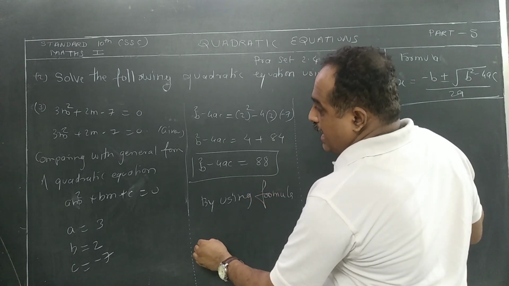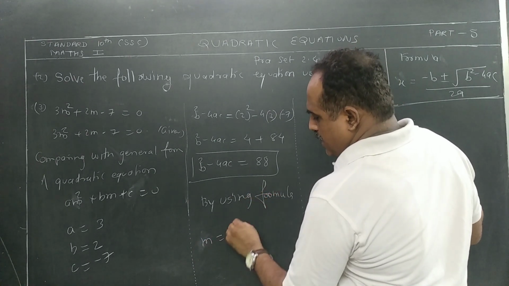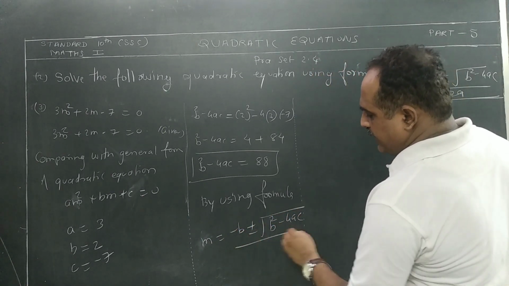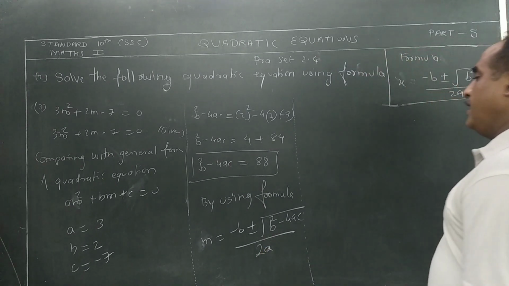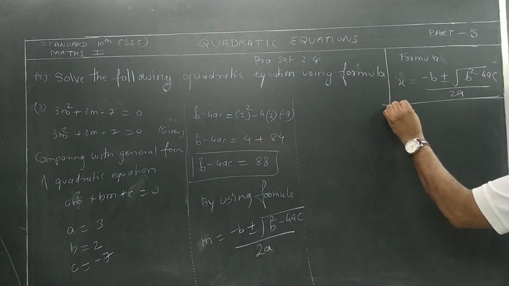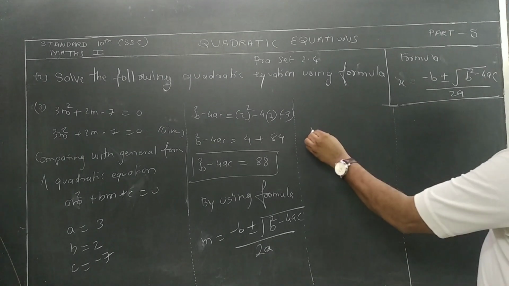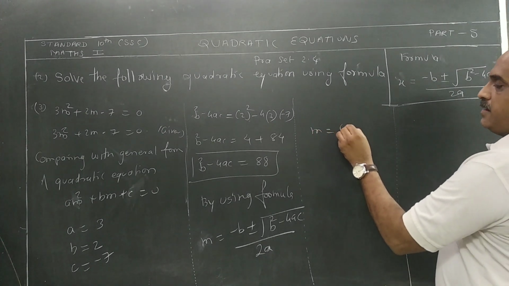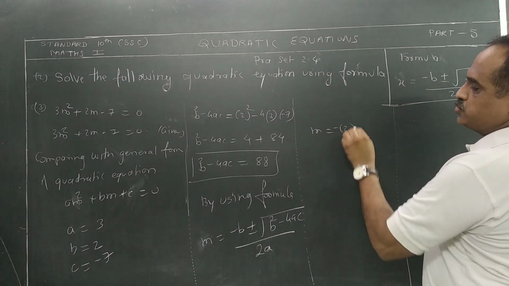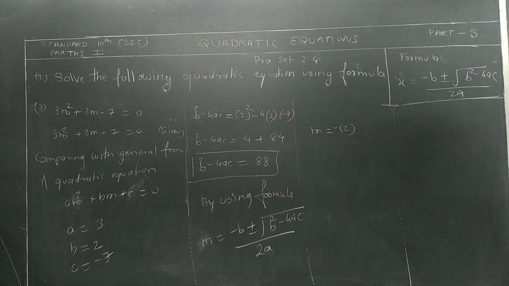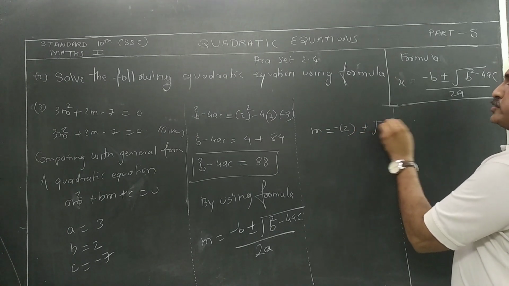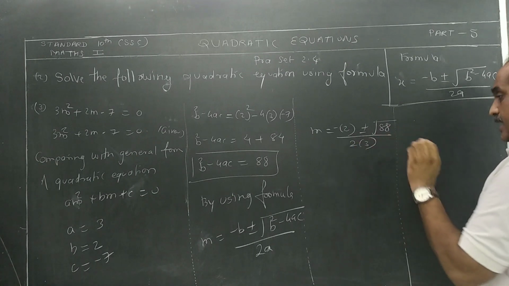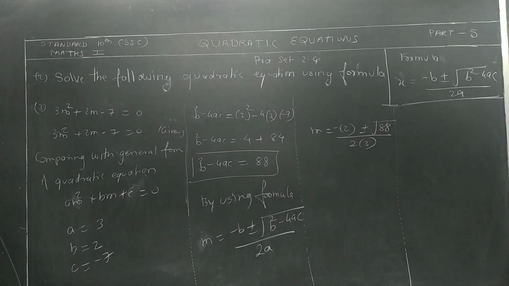What is the formula? m is equal to minus b plus or minus root of b square minus 4ac upon 2a. So what will happen now? m is equal to minus b is minus 2. Correct? Here plus or minus root 88 upon 2 into 3. Student, you should be very careful.